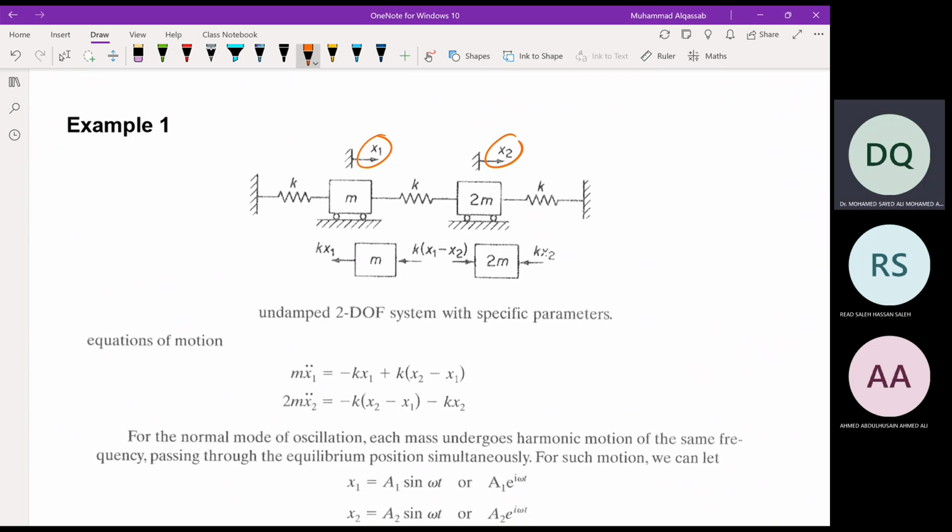For the mass on the left, which is moving with X1, this spring will be under tension. And the spring in the middle depends on the assumption of X1 and X2. Usually we let X1 be greater than X2, so the spring becomes under compression. And the spring here will be under compression because it is fixed on the other side.